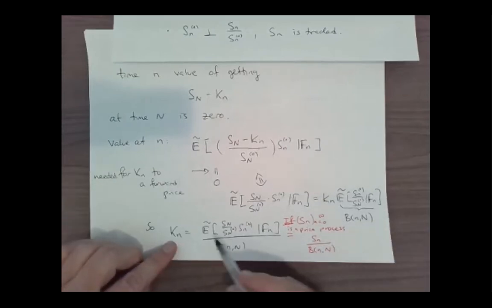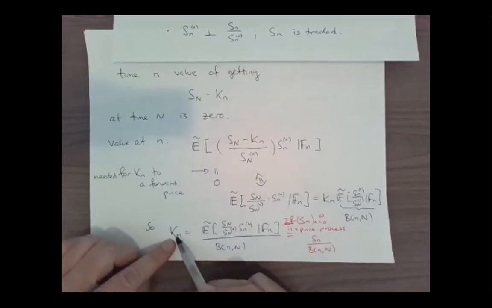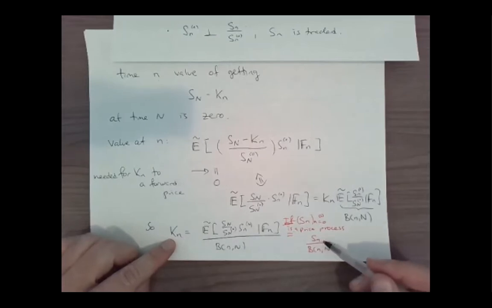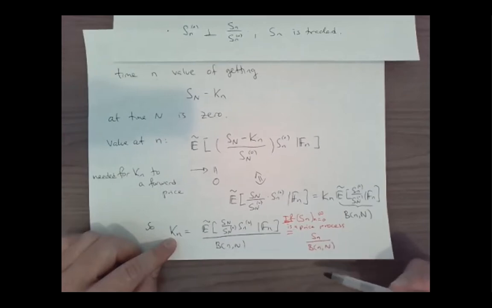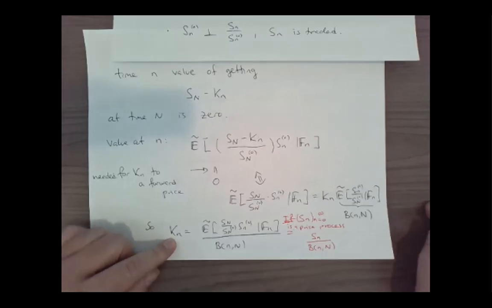When the underlying is traded, the forward price simply becomes the current value of the traded security divided by the zero coupon bond. So let me copy paste that formula.